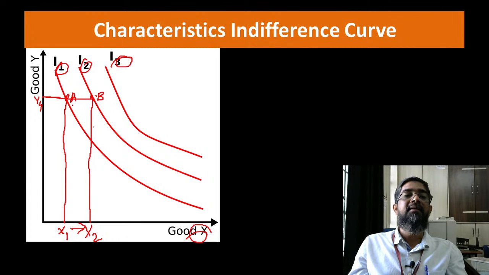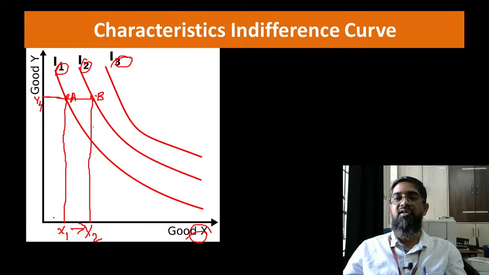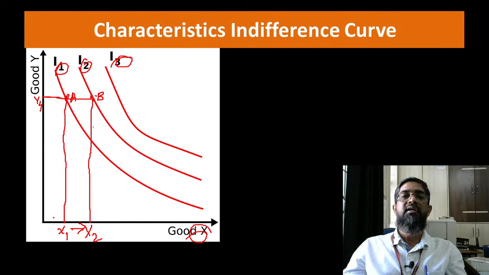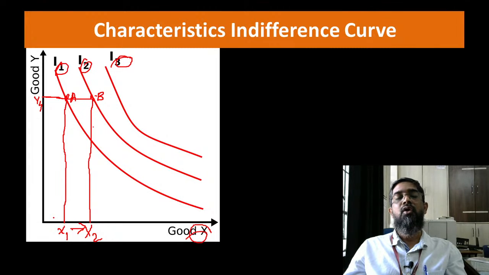At A you will get lesser satisfaction because you are getting less of X, though Y is the same. So a higher indifference curve will give you higher satisfaction, and a lower indifference curve will give you a lower level of satisfaction.